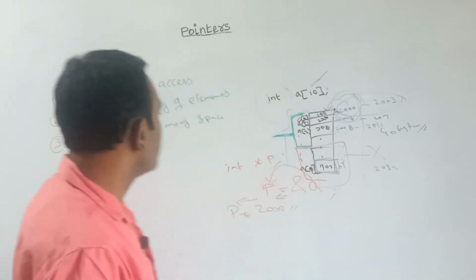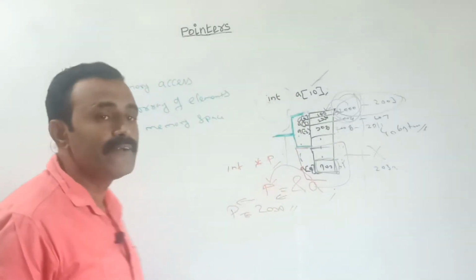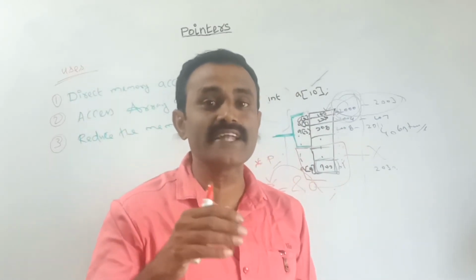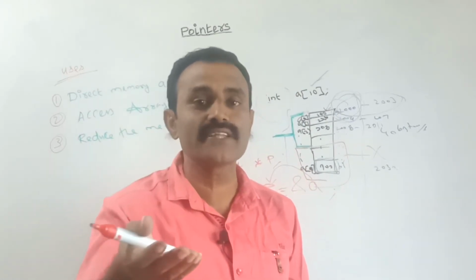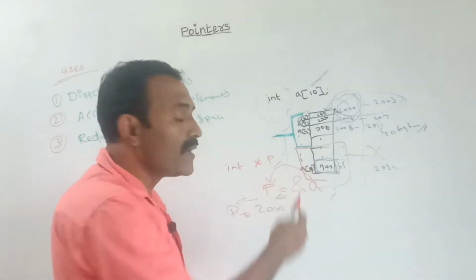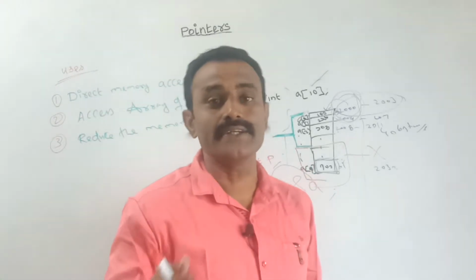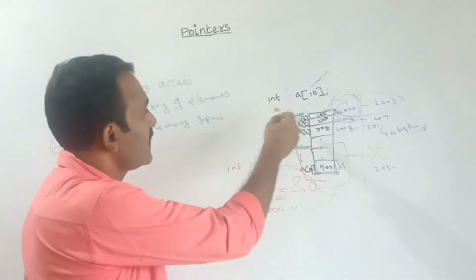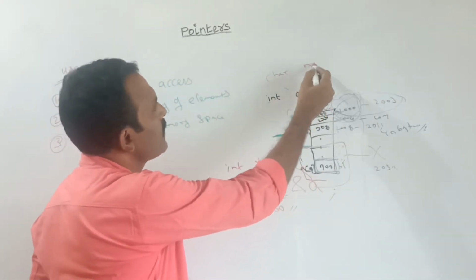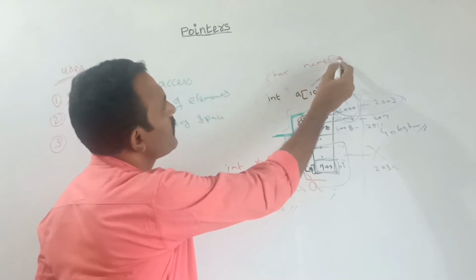Suppose you are creating the pointer variable and allocating the memory for a variable and storing the value for that variable, then we can avoid this memory wastage. Say this is one example: suppose you are creating the variable character name of 20.